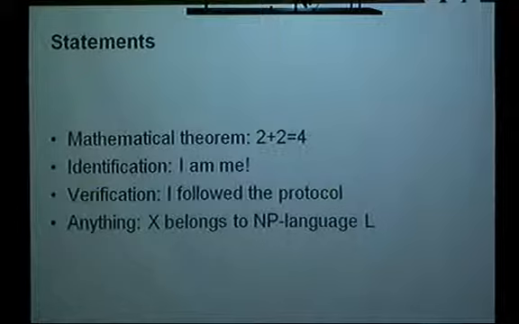Could be some kind of verification where Bob wants to check that Alice followed the protocol. And in full generality, what we'll be looking at are statements that X belongs to a language L, which is an NP language. Okay, and then we can reduce all kinds of efficiently verifiable statements to this NP language, and hence give interactive proofs that it belongs to the language.